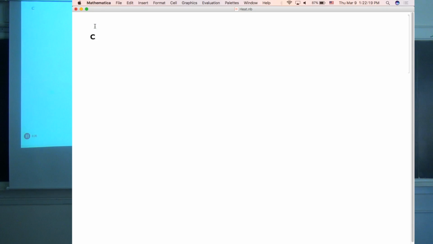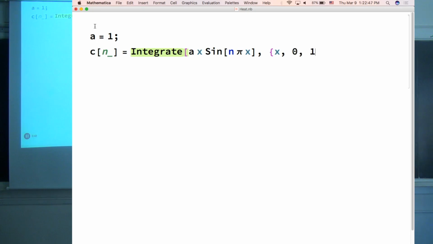C as a function of n is the integral of a times x. Well, let's say that a equals 1. A times x times sine of n pi x, where x goes from 0 to 1.